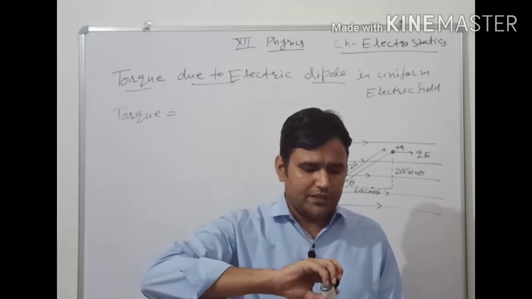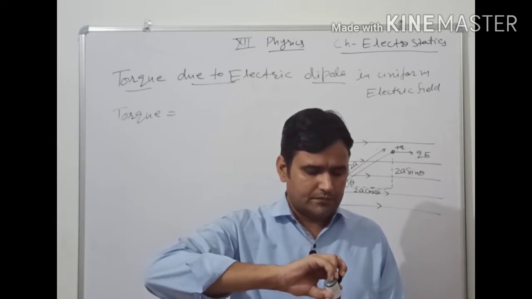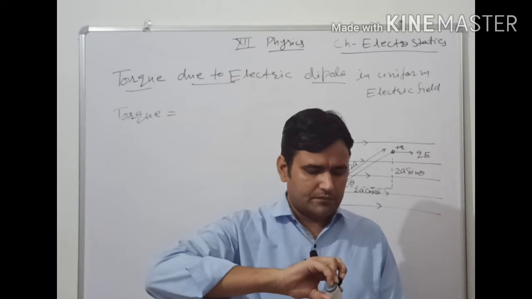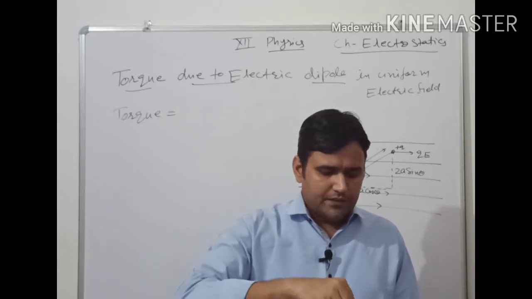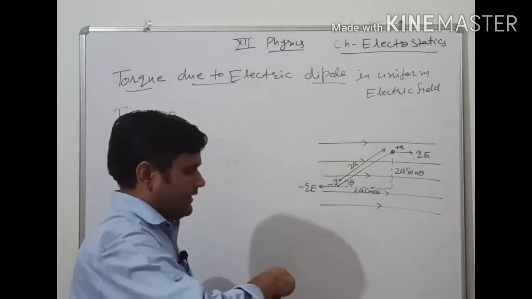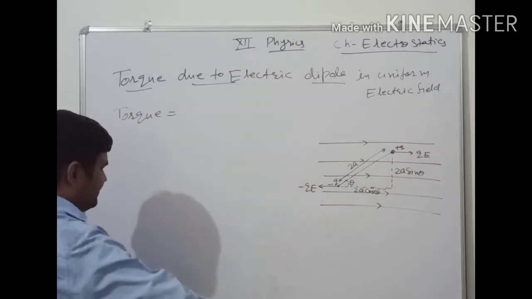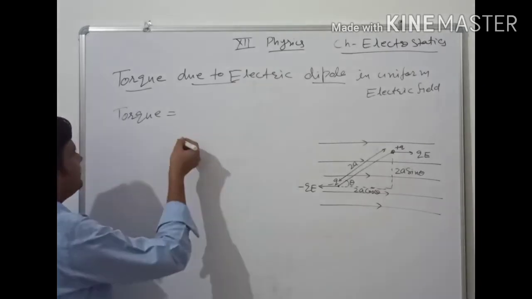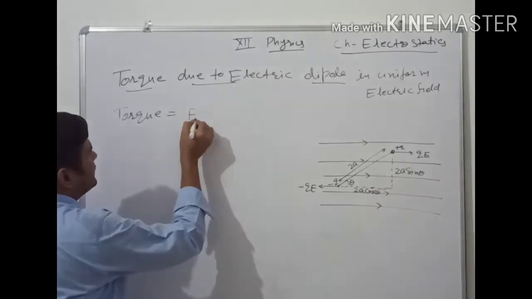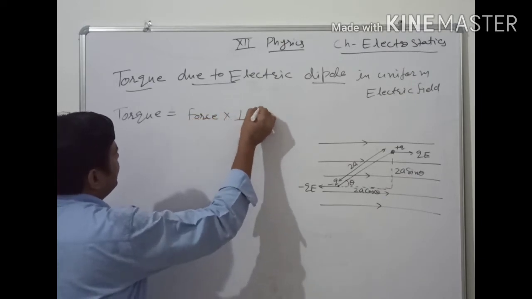Here we are considering the force into the perpendicular distance. Now we are calculating the torque due to an electric dipole, and the formula of the torque is in terms of the force into perpendicular distance.